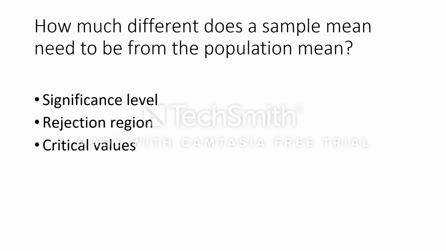Well, there needs to be a difference, and we need to know whether that difference is significant or not, and that means that we need to know in advance what our rejection region criteria are going to be, and what our critical probability values are going to be before we make this decision about accepting or rejecting a hypothesis.